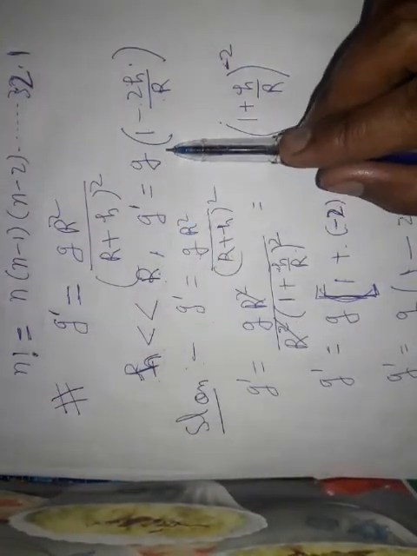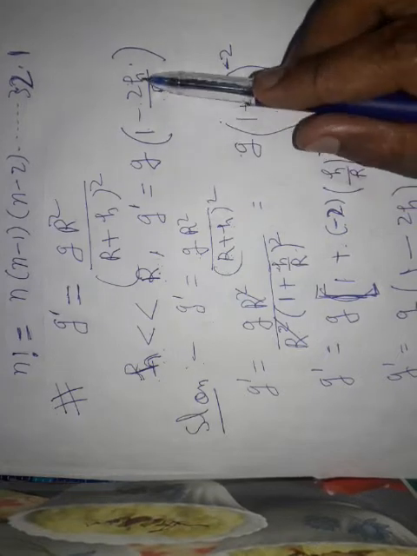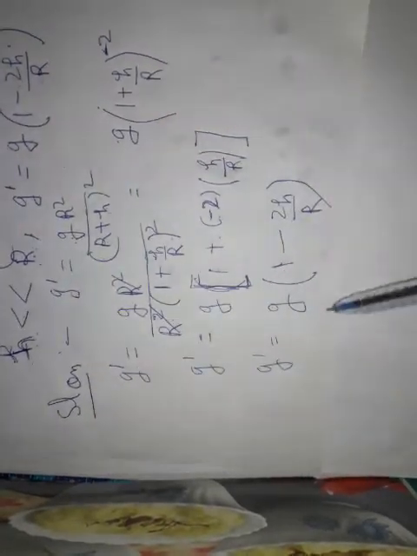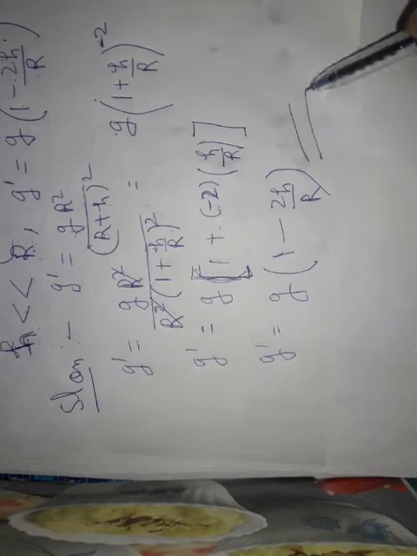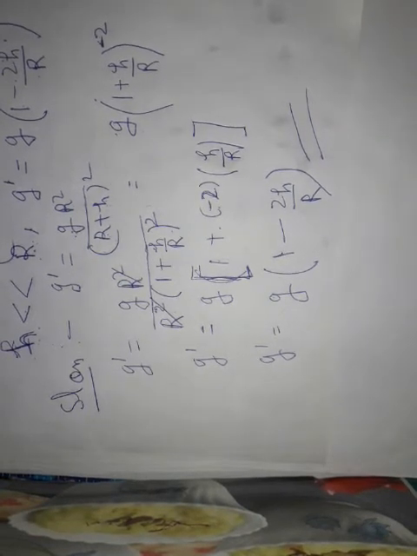G dash equal to g in bracket 1 minus 2h upon R. So this is the proof, hence proved.